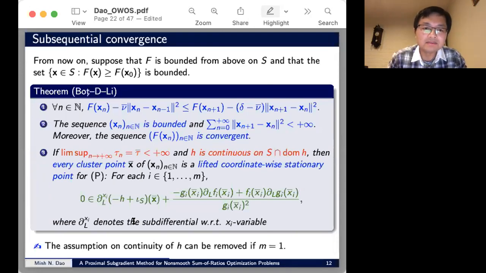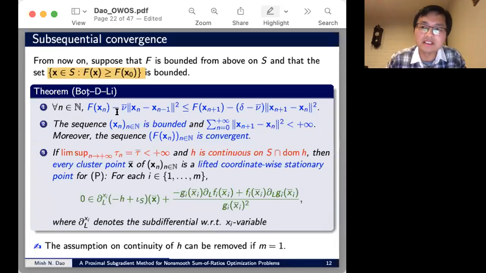Here is the first convergence result for our methods. From now on, we suppose that f is bounded from above on S, the feasibility set, and we also assume that this set is bounded.